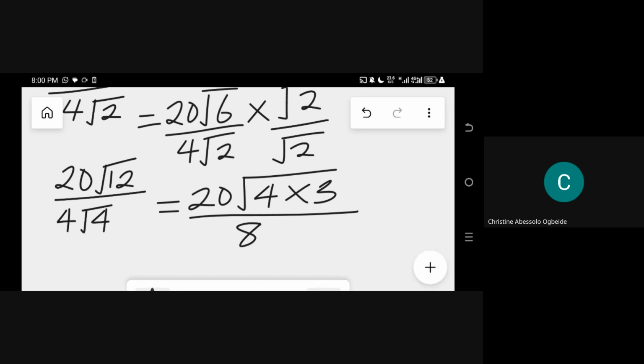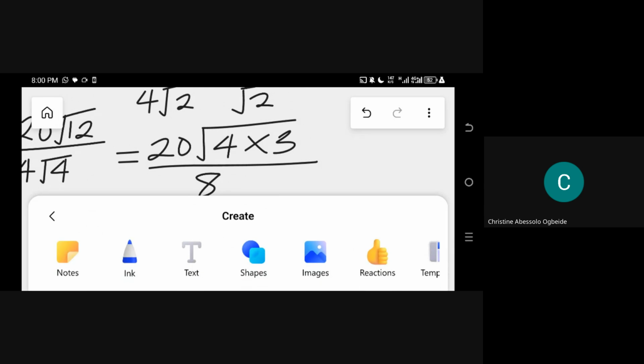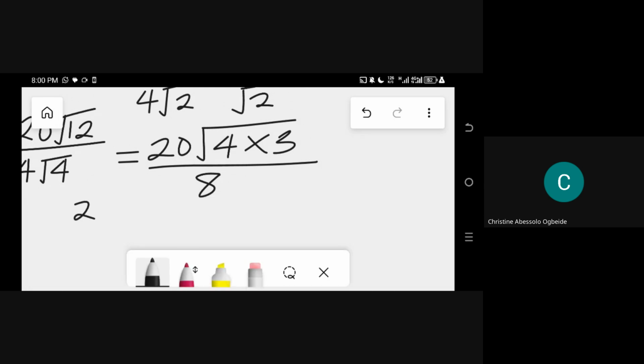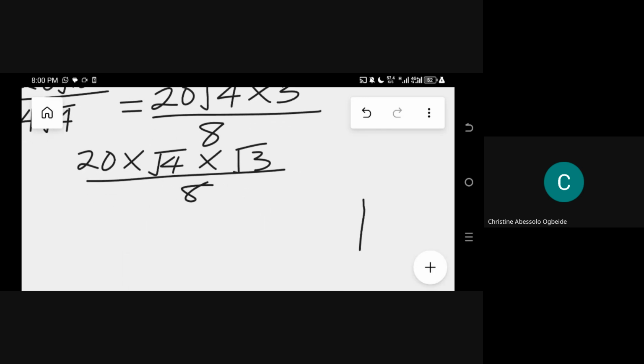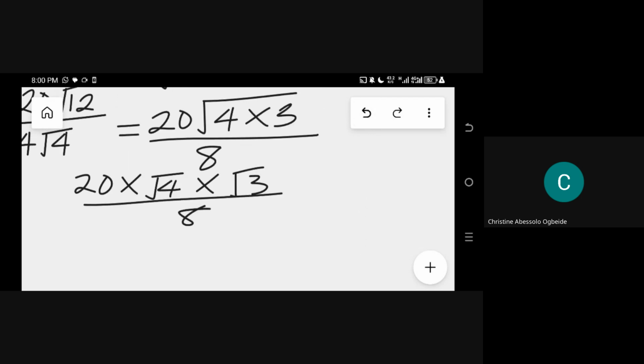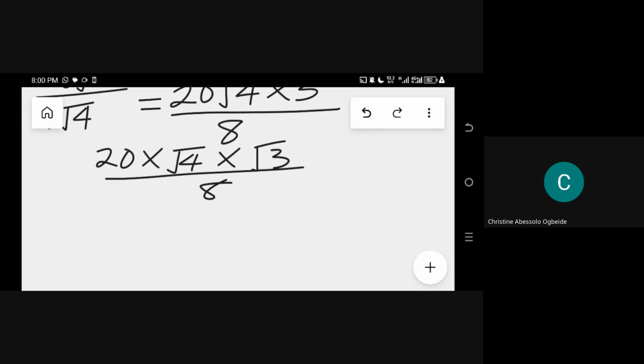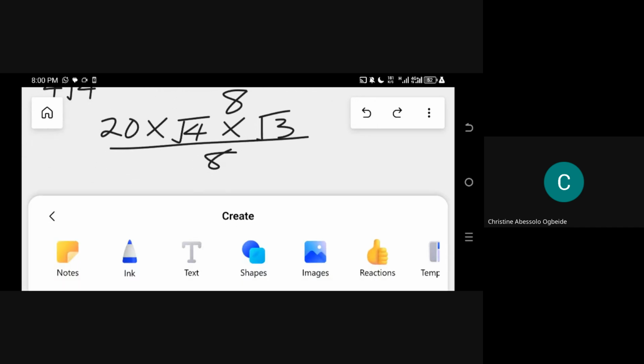Then proceeding, this is your root 4 times root 3. If you want to separate them, that would be 20 times root 4 times root 3, all over 8. And we already do know that the square root of 4 is 2.